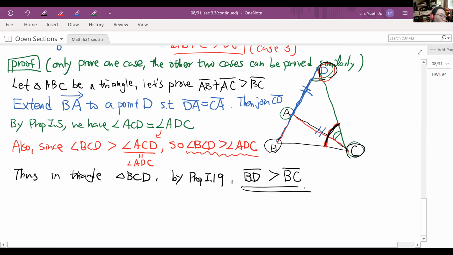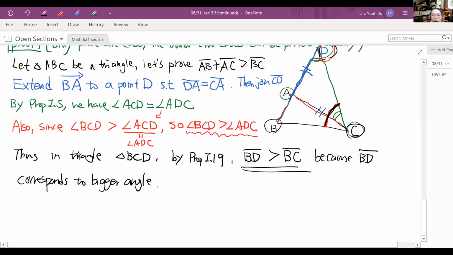Let me add a remark: BD is bigger than BC because BD corresponds to the bigger angle. Maybe this is more clear. Now we are almost done because we have this nice relation between sides.